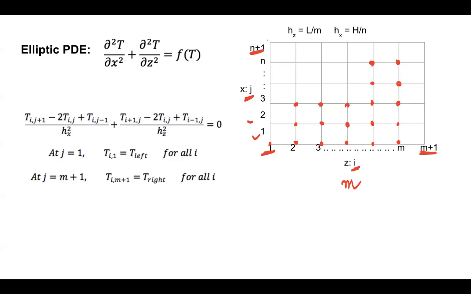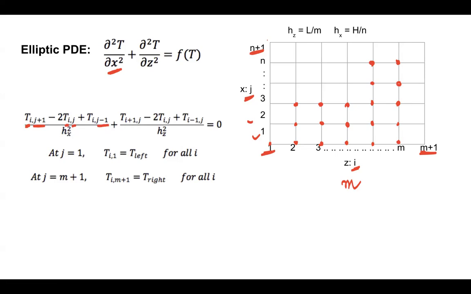Yeah. So now, as I said earlier, when you're writing with respect to x, you have to keep the other variable constant. When your x variable is j, you have to keep i constant. So you can see i is kept as a constant: (j+1, i), (j, i), (j-1, i). So this is with respect to x.